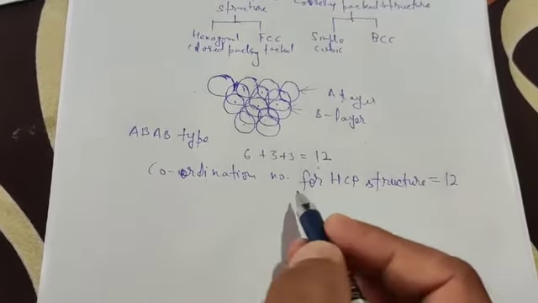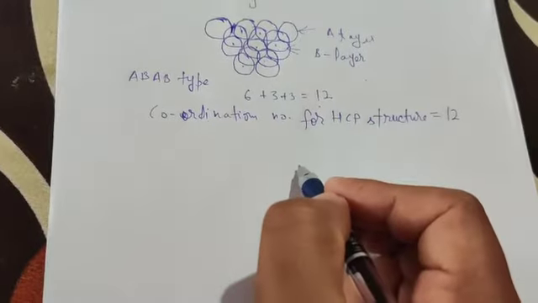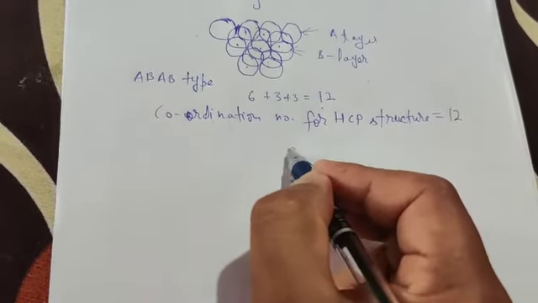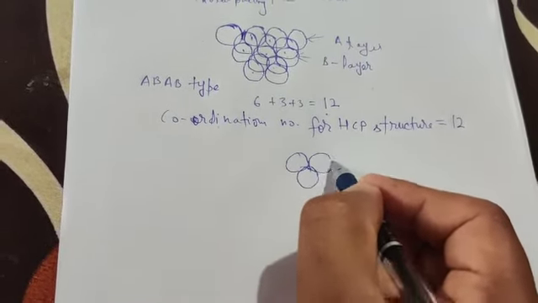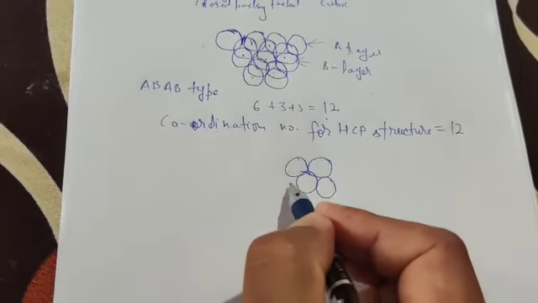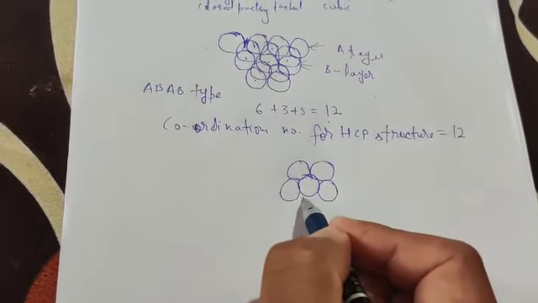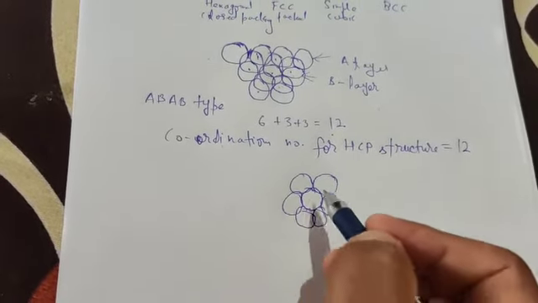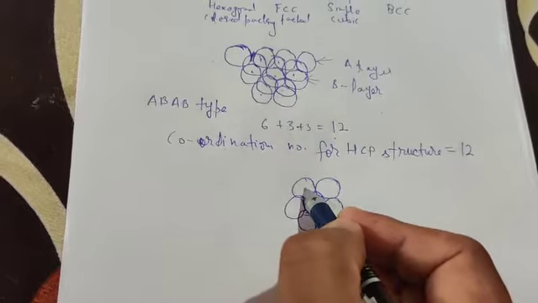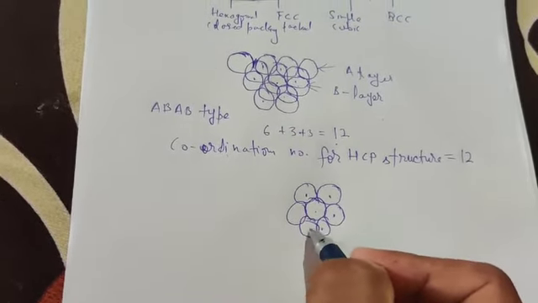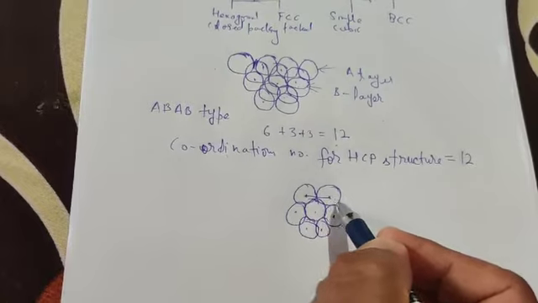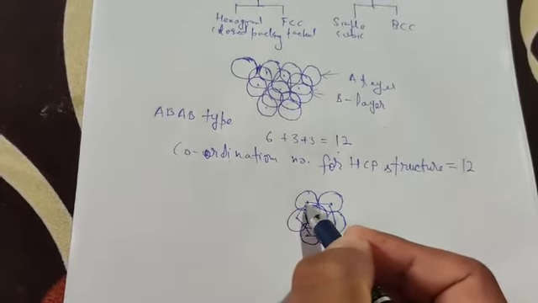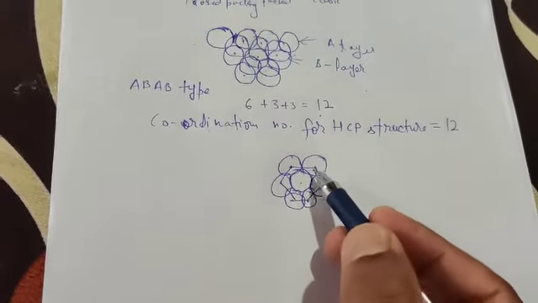So if I am taking this layer as A layer, this is the central atom. If you join the centers, it is traversing a hexagonal.